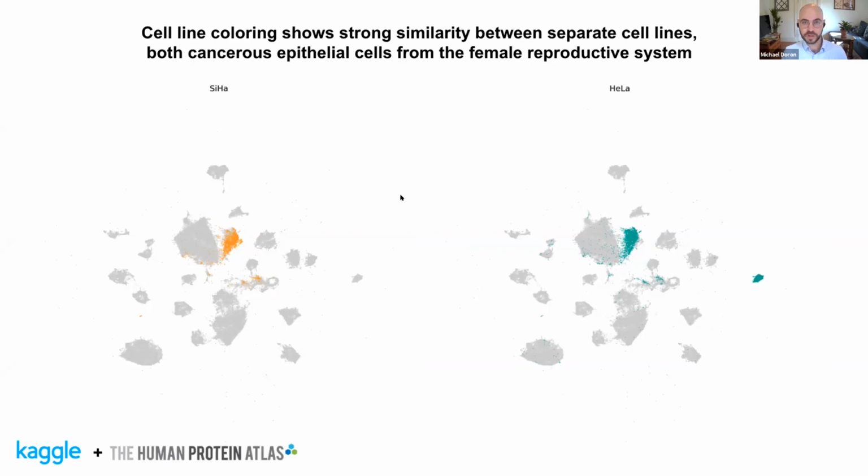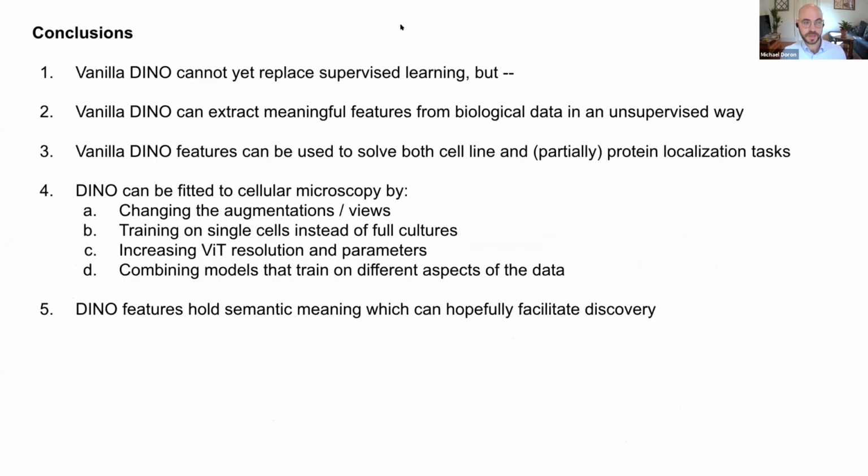And this is all work in progress, and we hope to show even more exciting things later on. And to conclude, vanilla Dino cannot yet, and maybe shouldn't, replace supervised learning, but it can extract meaningful features from biological data in an unsupervised way, and these features can be used to solve both the cell line task, which is the easier prediction task, but also partially solve the harder protein localization task.